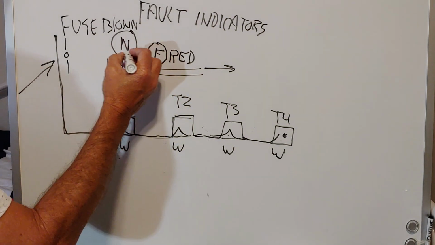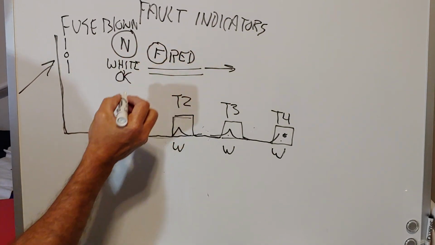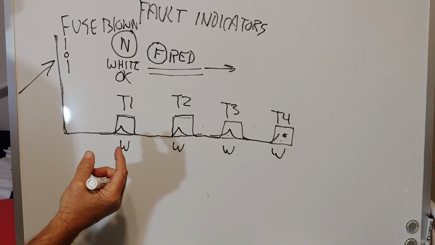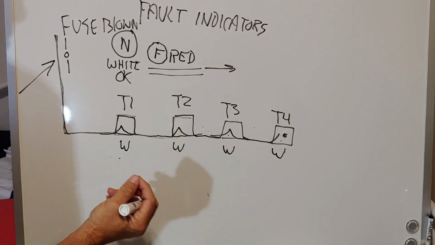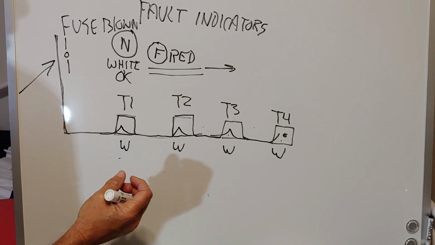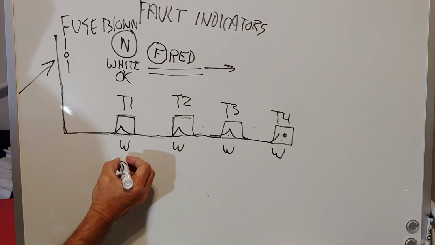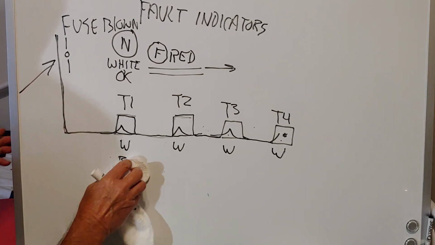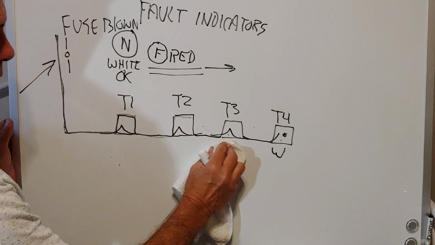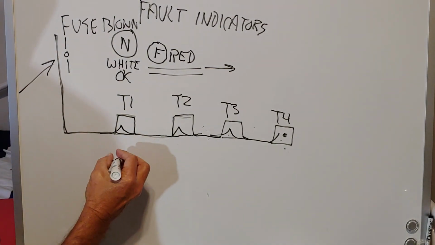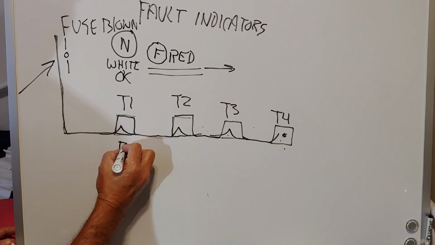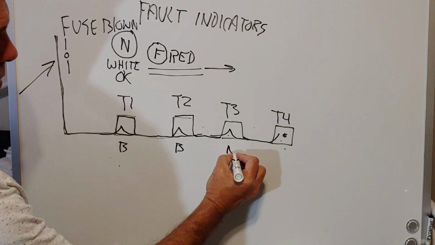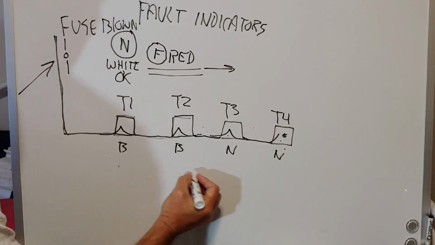Now, I told you the flag way, the N or the red, where the little flag comes up in the window. If you're using the fiber optic or light way, where they install the light outside of the transformer, it will blink red. So, lights blinking, lights blinking, lights not blinking, and lights not blinking.